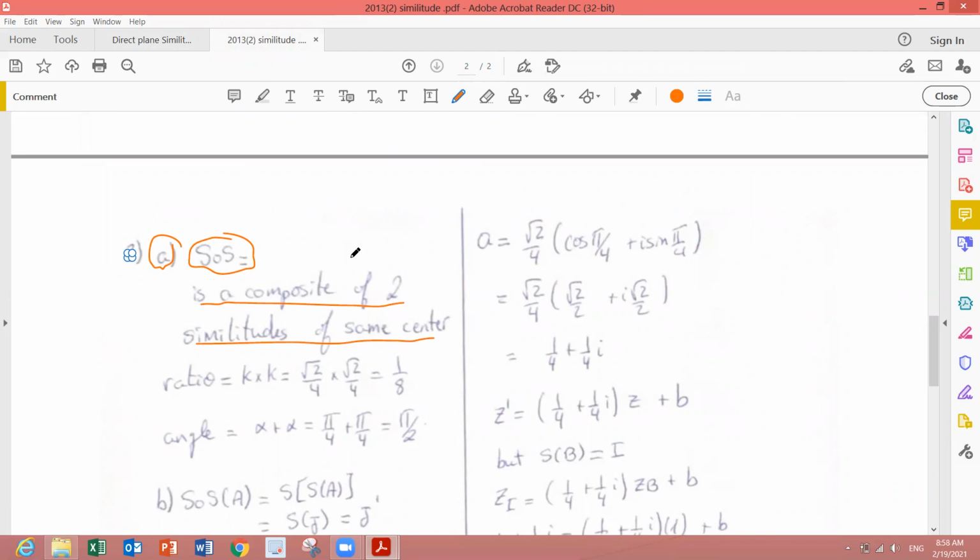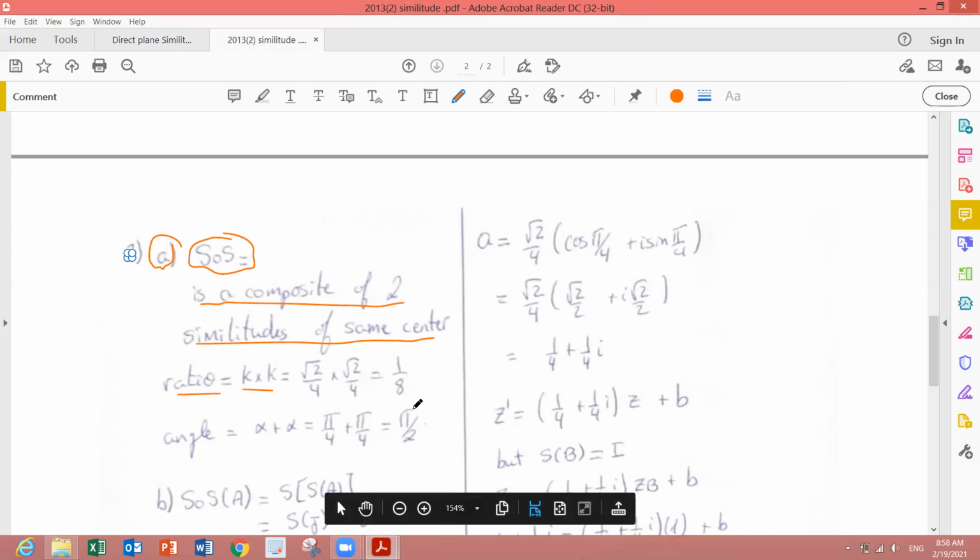So S round S is a similitude. Ratio K times K: radical 2 over 4 times radical 2 over 4 equals 1 over 8. And angle alpha plus alpha: pi over 4 plus pi over 4 equals pi over 2.